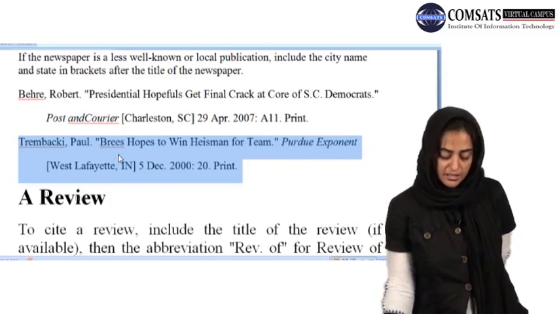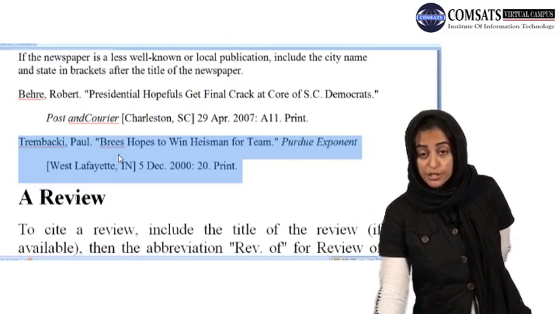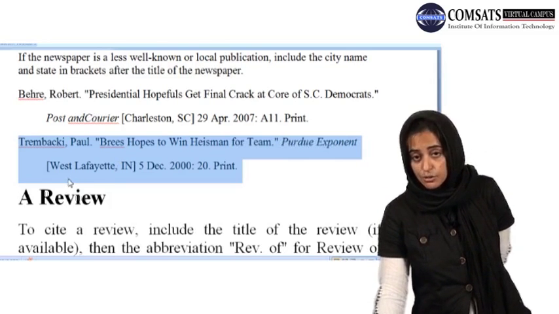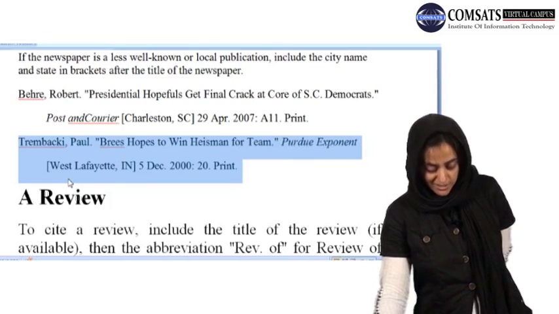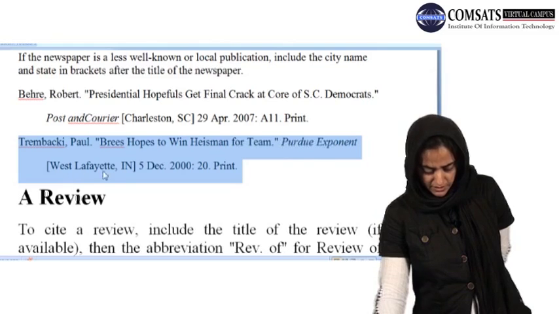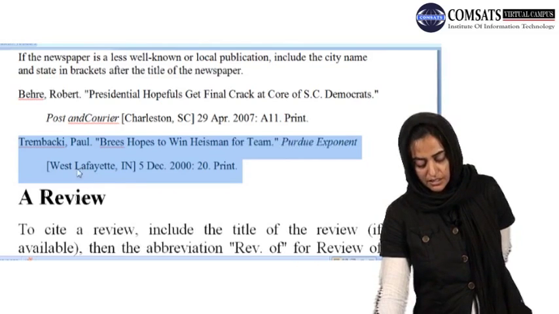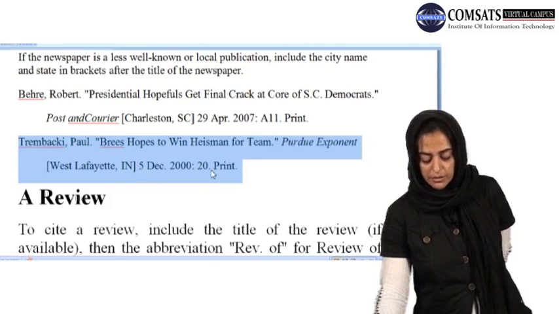Then after it there is the information of the city and the state. Kindly have a look on the screen, in brackets, West Lafayette, comma, IN is the name of the state, 5 December 2000, colon, 20, print. Now 20 is the page number.